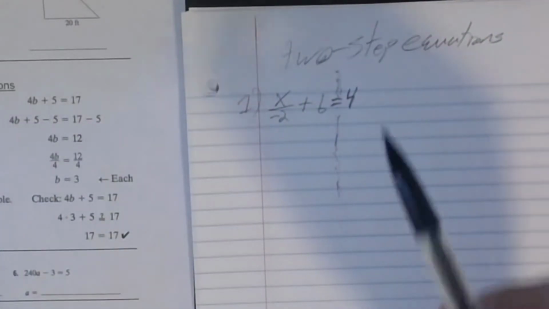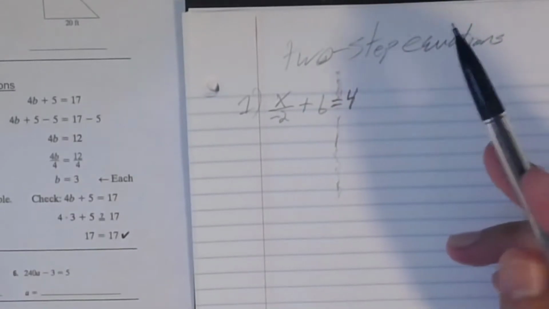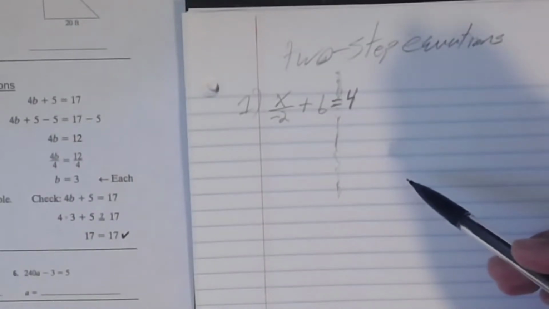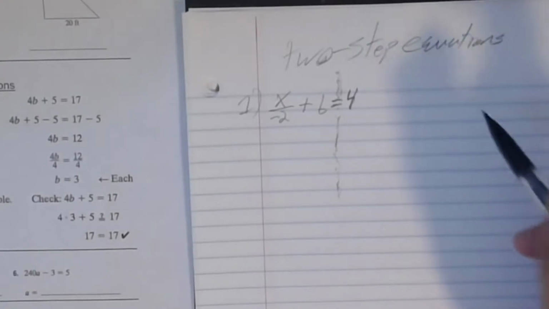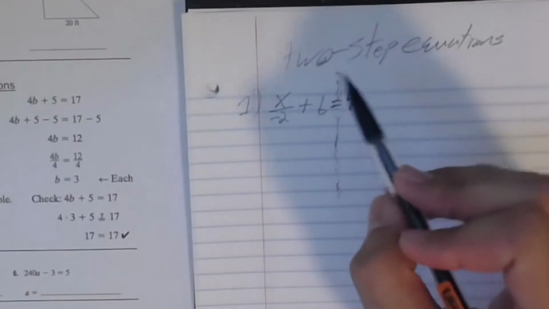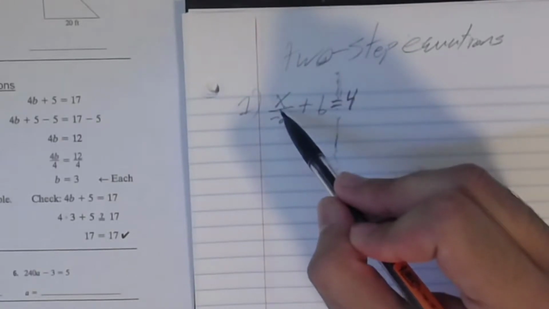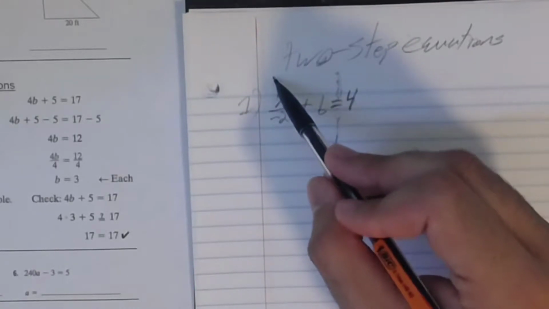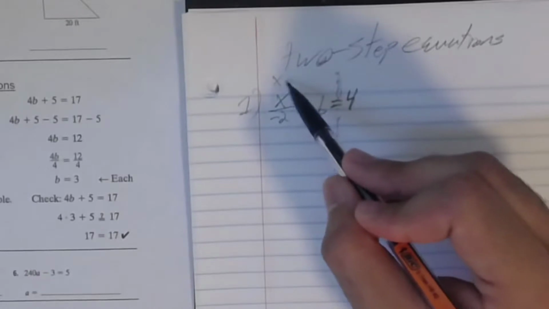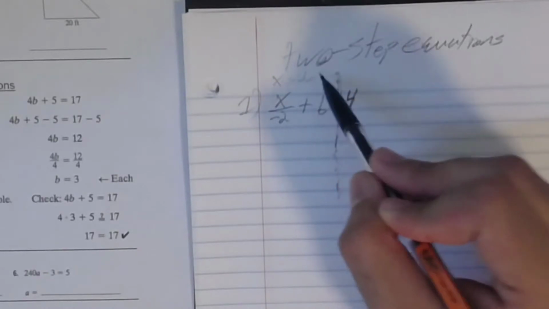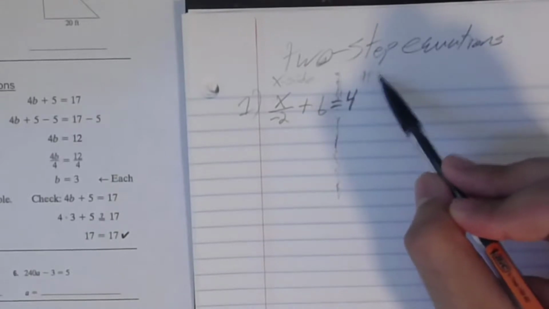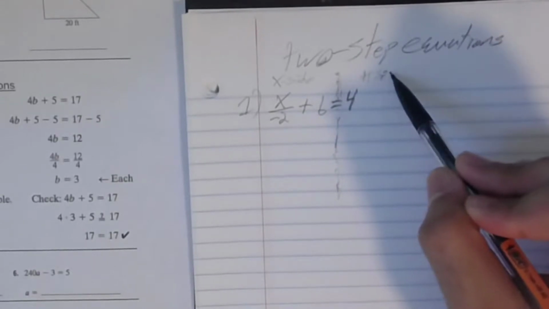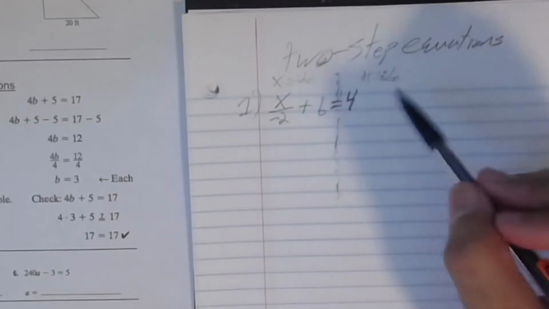I tell myself, okay, which side do I want my x and which side do I want everything else? In this case, the numbers. The x seems to be on this side, so I'm just going to say this is the x side, and this is the number side, or everything else, which in this case is just numbers.